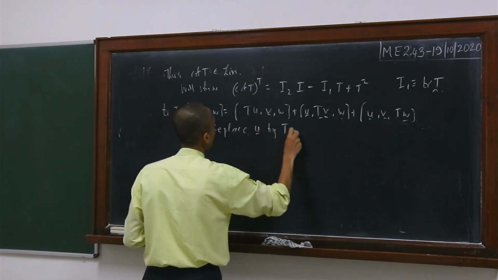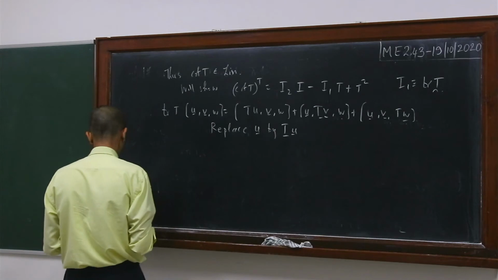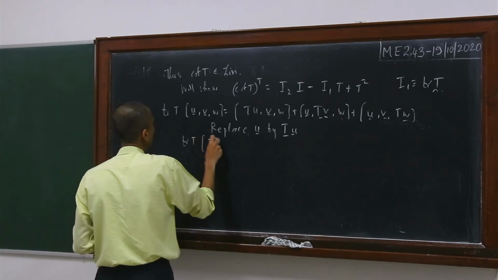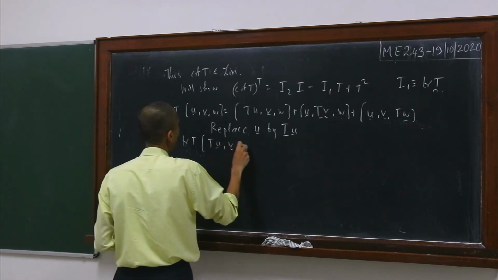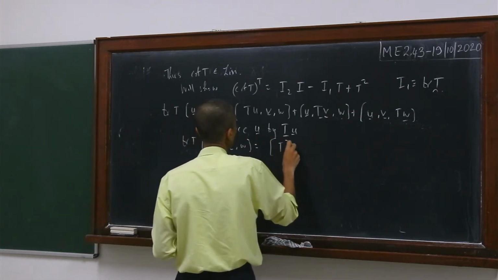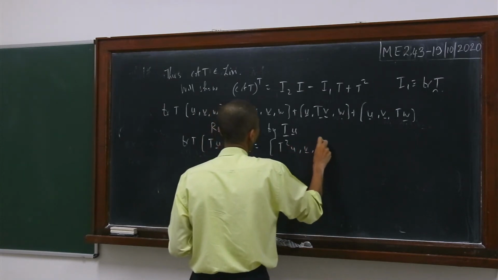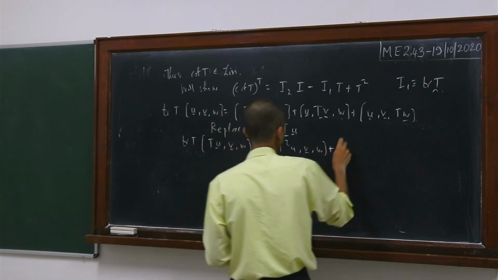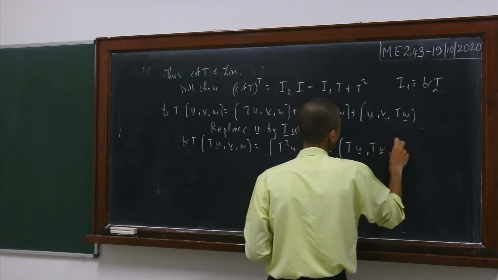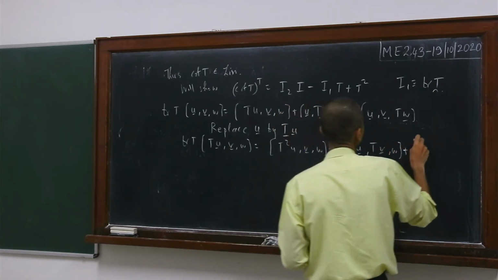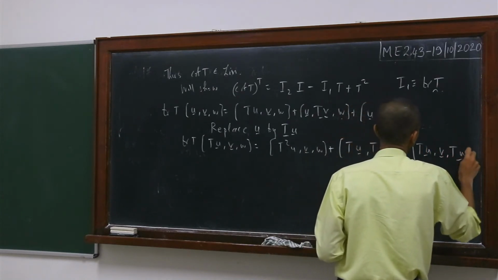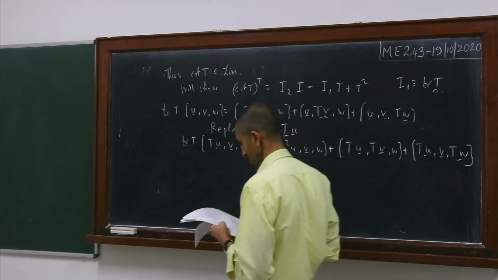Then what you will get is that trace of T times [TU,V,W] is equal to [T square U,V,W] plus [TU,TV,W] plus [U,TV,TW].